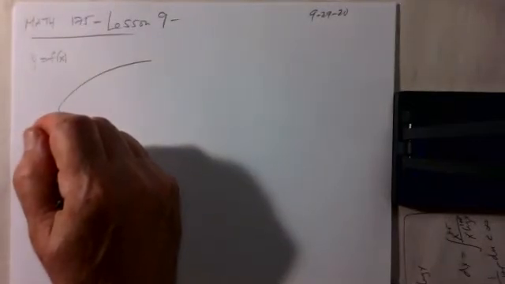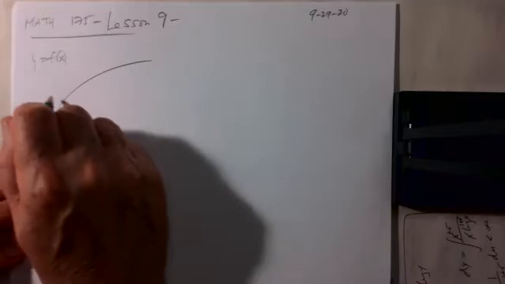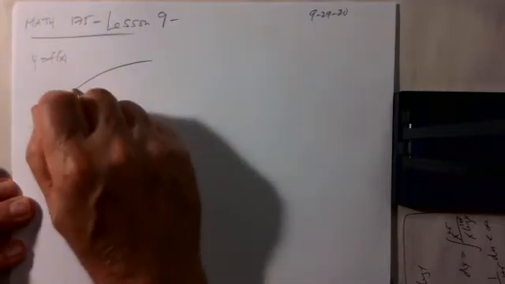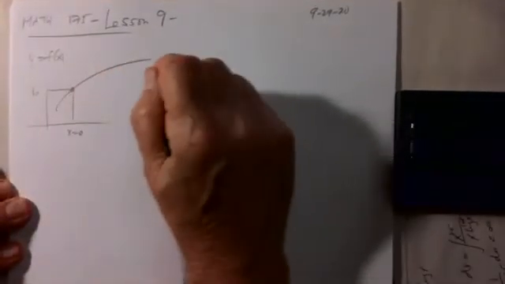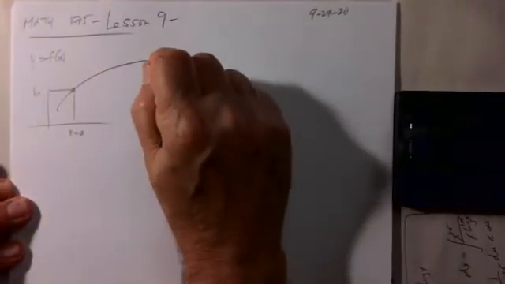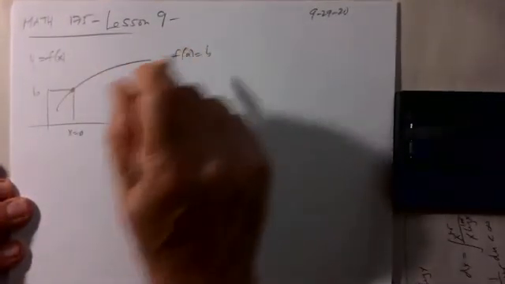So if we have a function, y equals f of x, and the graph, let's say, looks like this, then at a point on the graph, let's say a, let's say the value of the function is b, so f of a is equal to b.